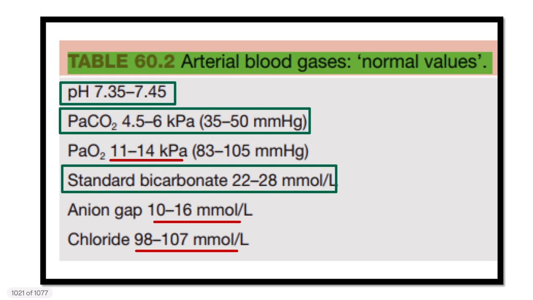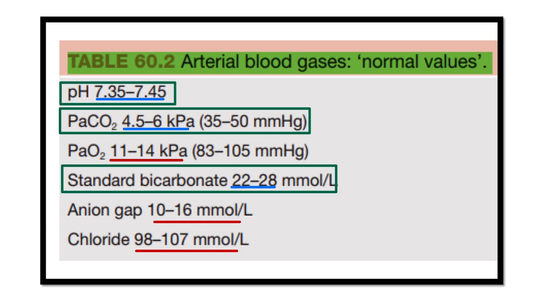First of all, let's see some important parameters which are very essential to solve any type of ABG report. The pH is normally 7.35 to 7.45. Partial pressure of carbon dioxide is 4.5 to 6 kilopascal. Standard bicarbonate level is 22 to 28.